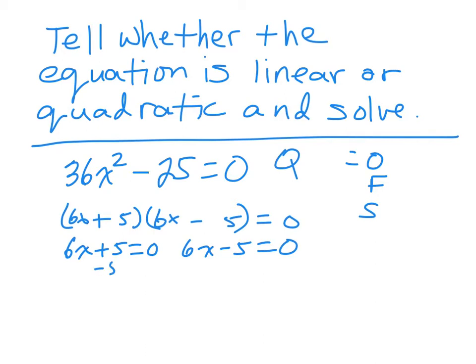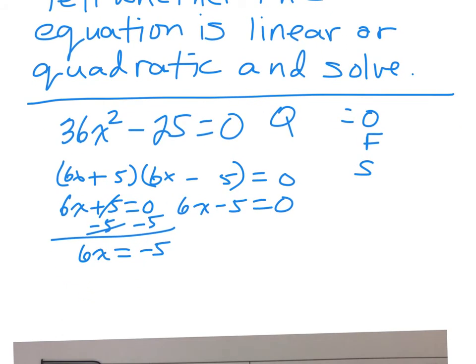If we subtract 5 over here, I get the 5 and negative 5 to cancel. I'll have 6x equal to negative 5. And if I divide by 6 then, I'll have x equal to negative 5/6.